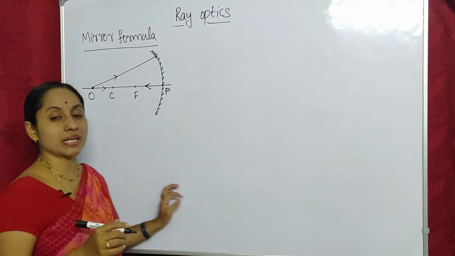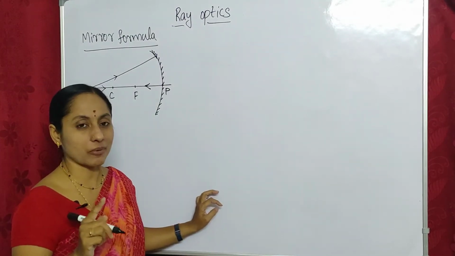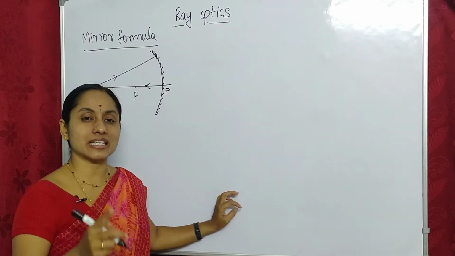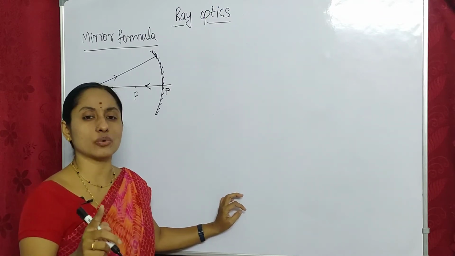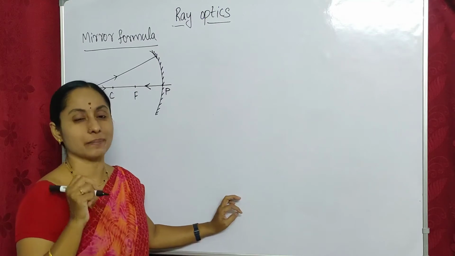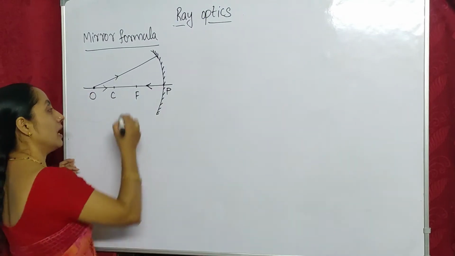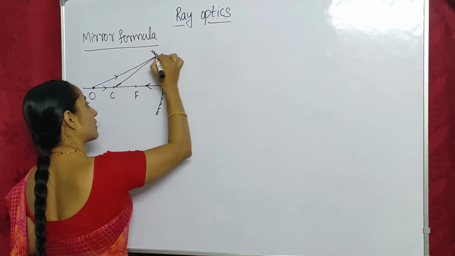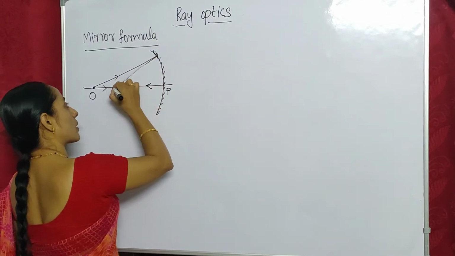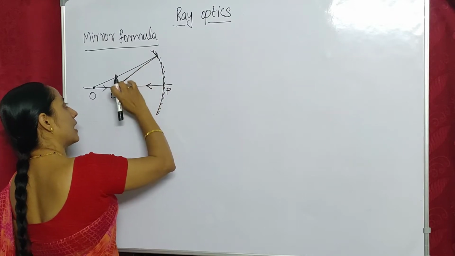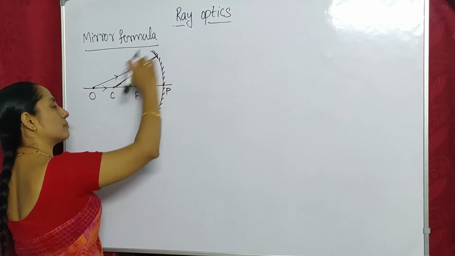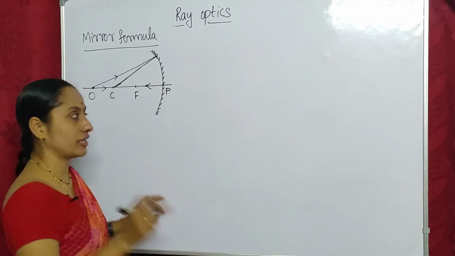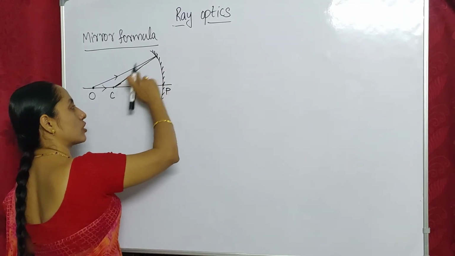Here I told one very important point about the normal: any line drawn from the center of curvature to the mirror represents the normal at that point. Any line which is drawn from the center of curvature becomes normal at that point. So now this line becomes the normal.